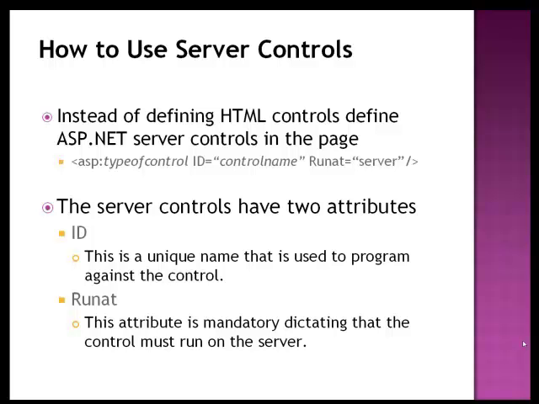Therefore, they are either not going to be rendered and processed, or the browser would just render them as text. So if you notice that some of your controls are missing, the problem might be that you didn't specify the runat attribute.